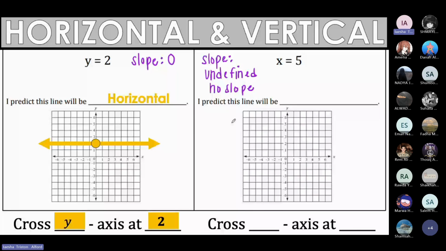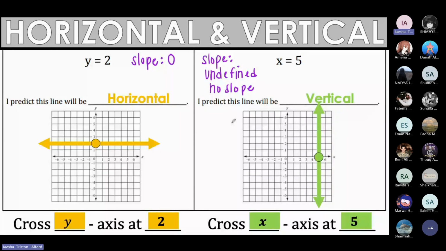Across what? X-axis. At what? Positive 5. So you go to the x-axis at positive 5 and you draw a vertical line.